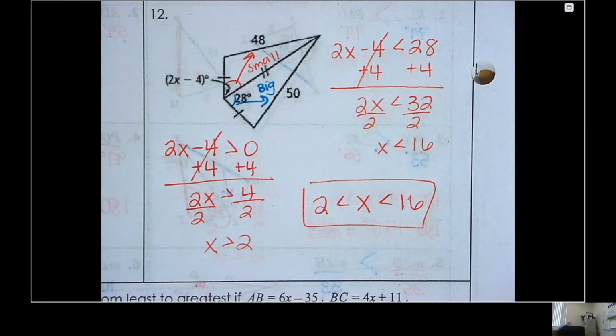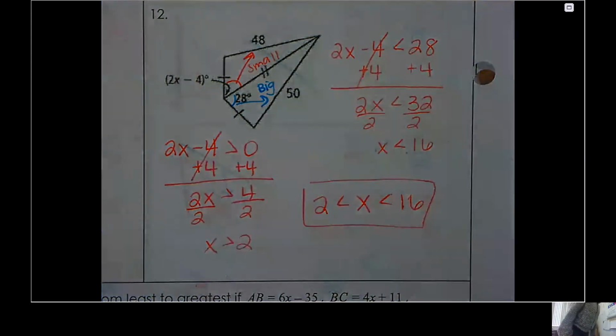So keep your angles together. I saw somebody do, this is less than, I think, 48. Be careful, they're both angles, so keep your angles together. 2x minus 4 is less than 28. Add 4 to both sides, you get 16. So I need to pick a number for my range between 2 and 16.